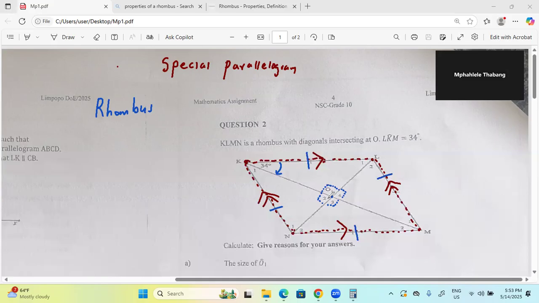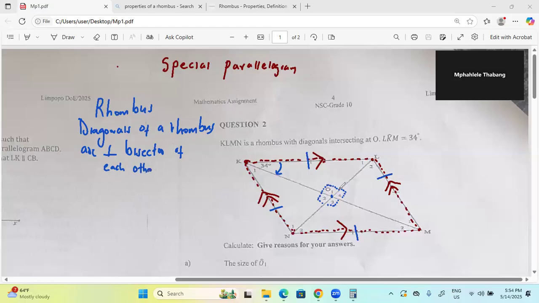So in a rhombus, we talk about a perpendicular bisector. The diagonals of a rhombus are perpendicular bisectors of each other, meaning that where the two diagonals meet, they meet at a point where all those angles are 90 degrees.